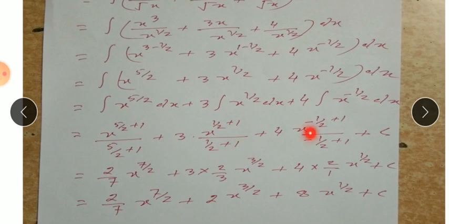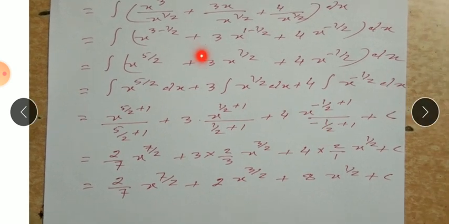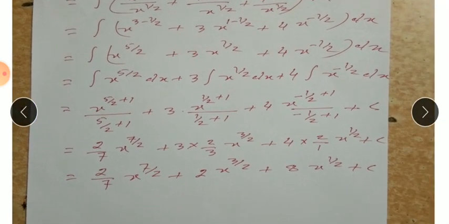Here is also x raised to n plus 1 upon n plus 1. That is, after solving this we are getting here 2 upon 7 x raised to 7 by 2 plus 3 into 2 by 3 x raised to 3 by 2 plus 4 into 2 upon 1 x raised to 1 by 2 plus c. This is 2 upon 7 x raised to 7 by 2 plus 2 x raised to 3 by 2 plus 8 x raised to 1 by 2 plus constant of integration.